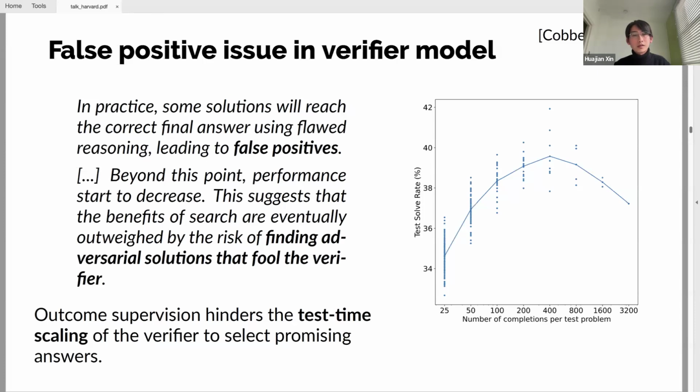Including such examples in the training data will mislead the model, impacting its ability to identify correct solutions during the testing of majority voting.